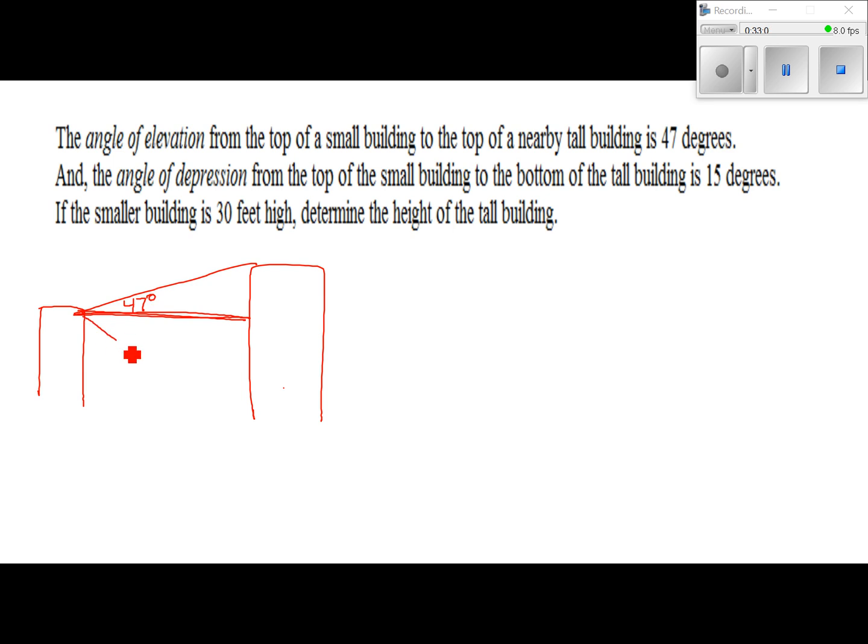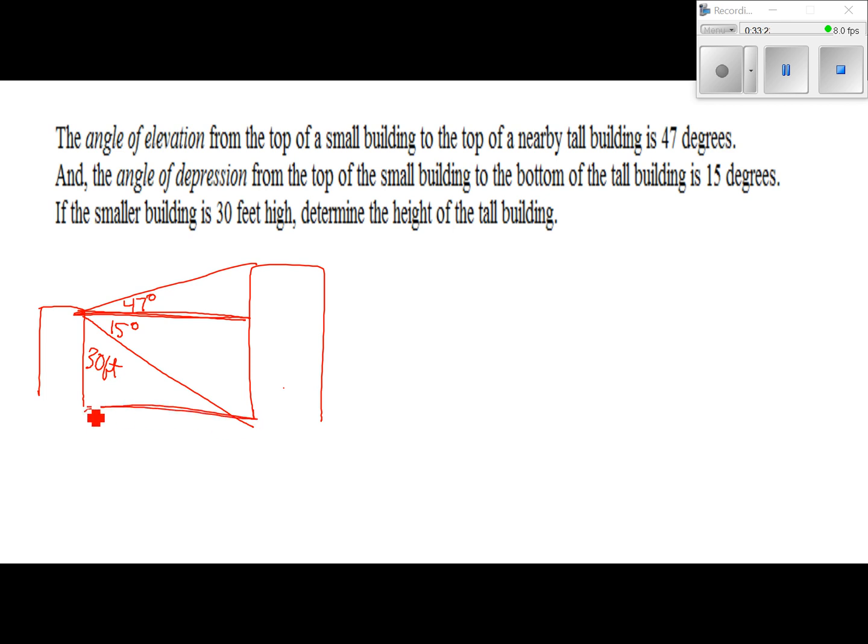Don't go by my picture because it looks like I've drawn it completely wrong, but that angle of depression from right here should be about 15 degrees. If the smaller building is 30 feet tall, so they're telling us that this building right here is 30 feet tall, how tall, or what is the height of the taller building?